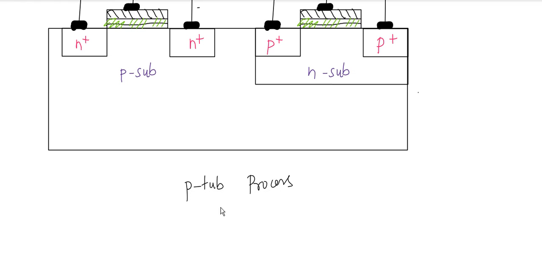It is called the P-tub process because inside one common P substrate you have both the devices added into it.